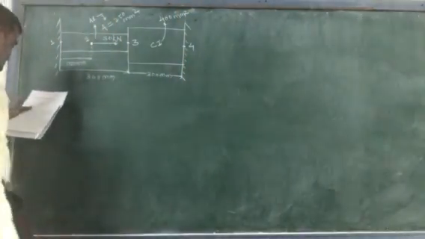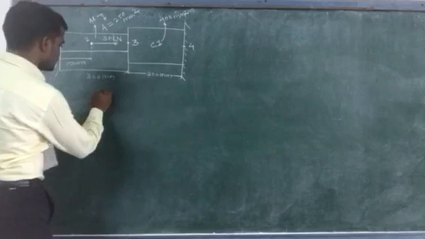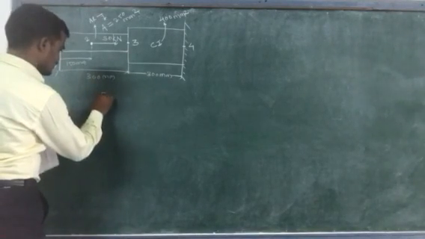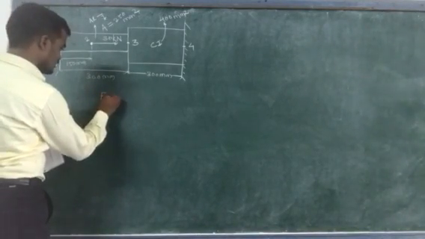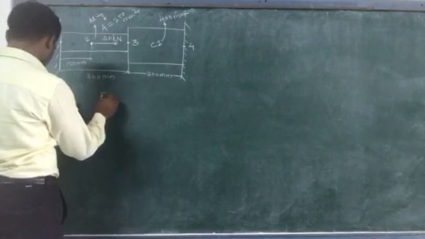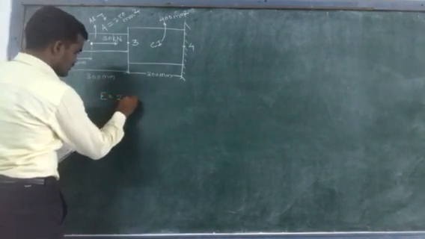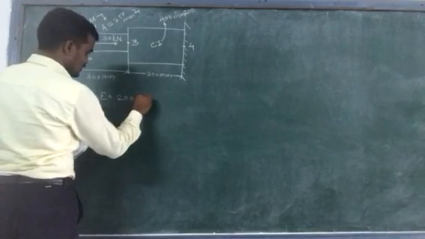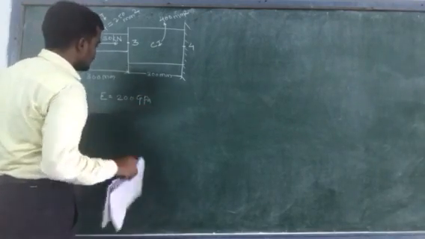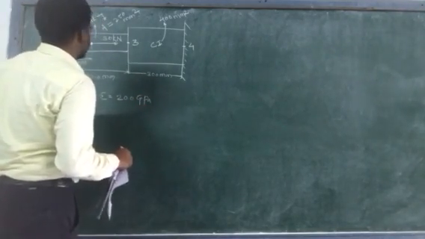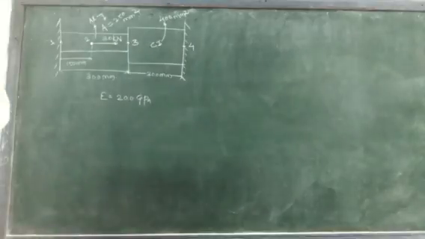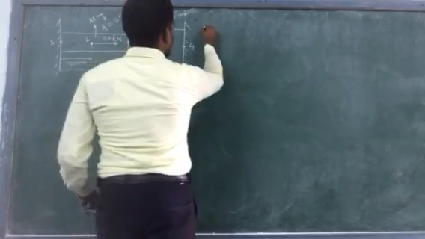The value of E, Young's modulus, for both materials is given as 200 gigapascal. Okay, so this is the example.